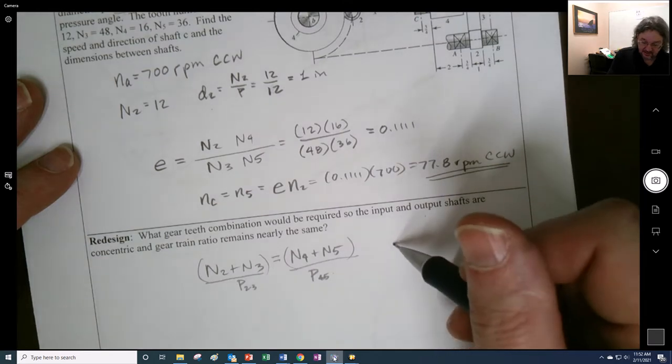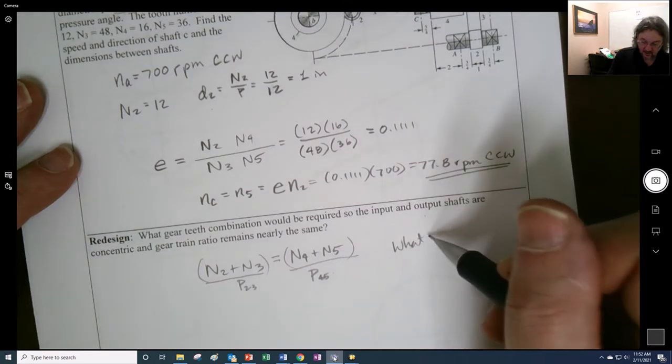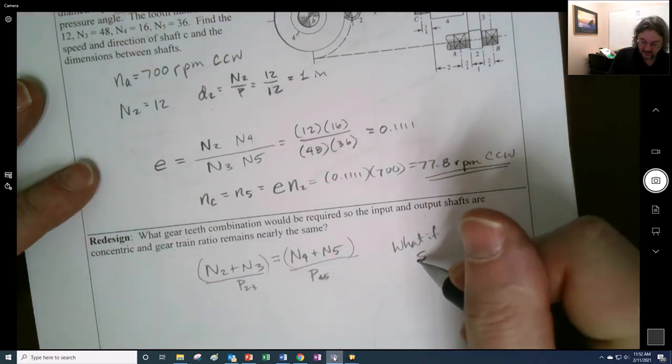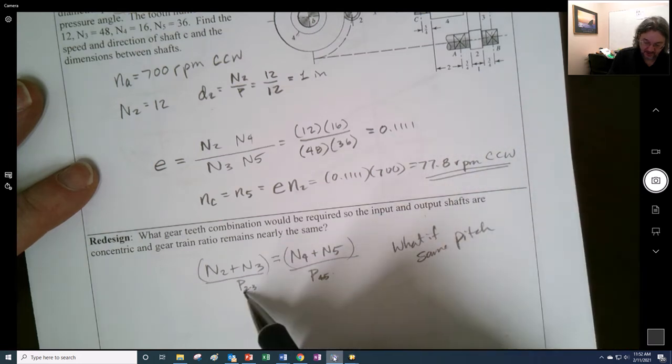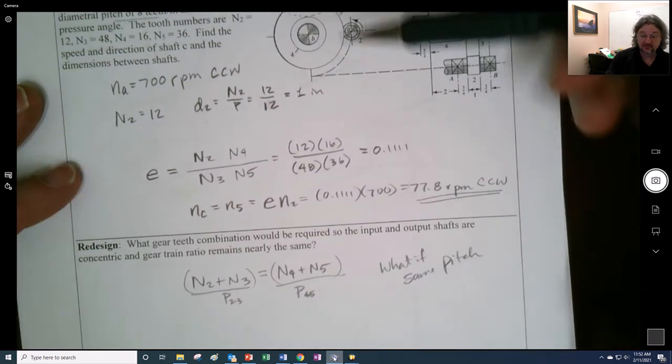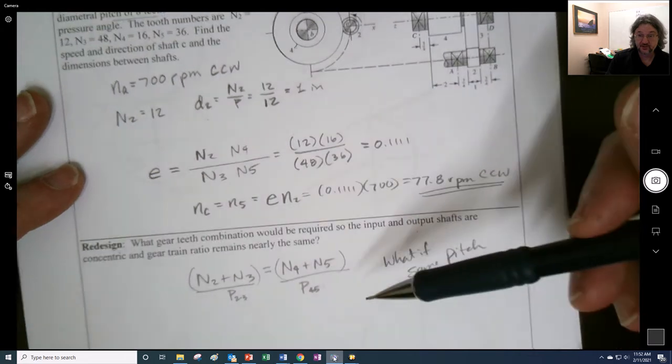Let's say also, what if the same pitch? Now we can get rid of them, but in the original problem here we were using a different pitch.